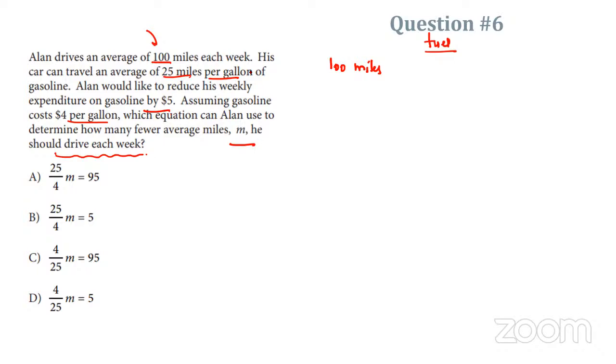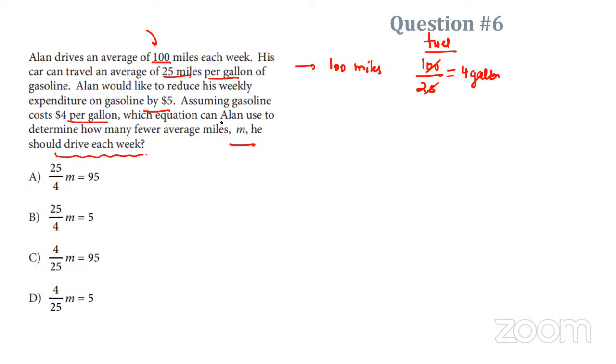In 1 gallon you can drive 25 miles, so to drive 100 miles you need 4 gallons, right? I think that is something easy. So he needs 4 gallons of fuel in order to drive 100 miles.